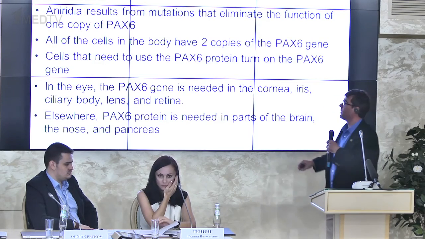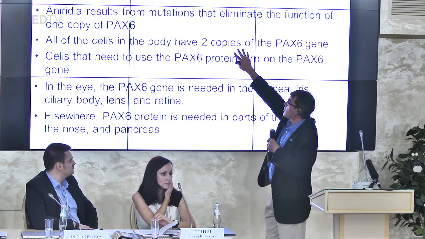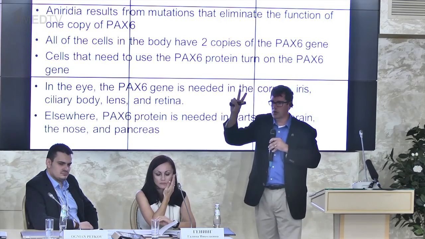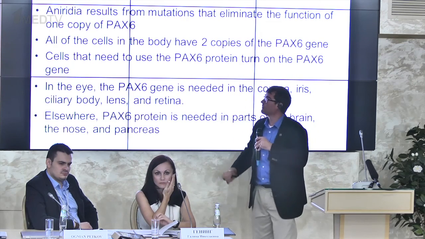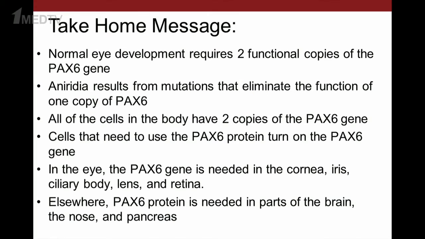And so to wrap up, normal eye development requires 2 copies of PAX6. Aniridia results in mutations that take out 1 copy of PAX6. All of the cells in the body have 2 copies of the gene, every single cell.